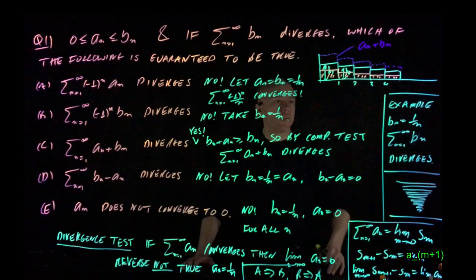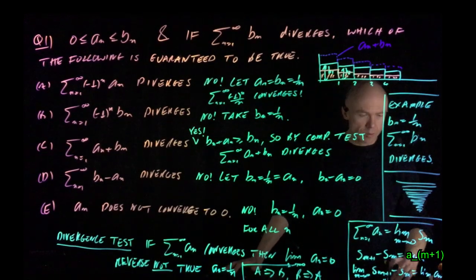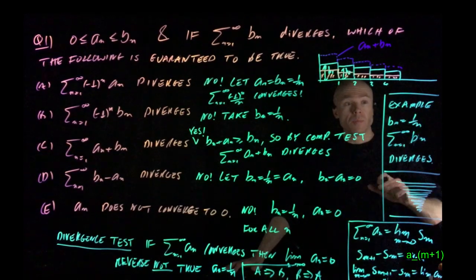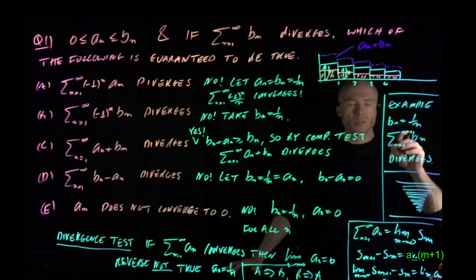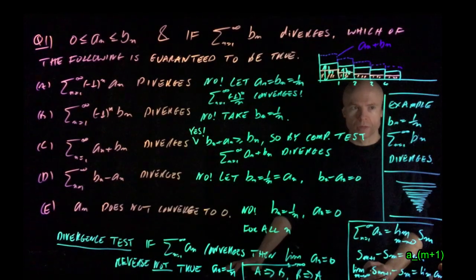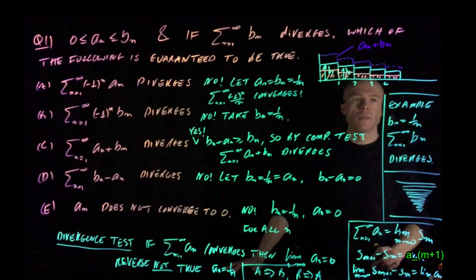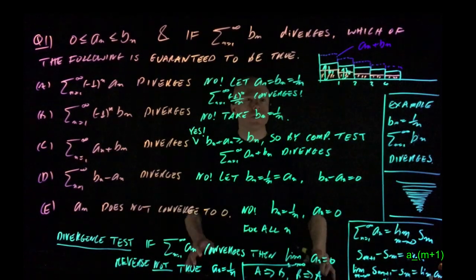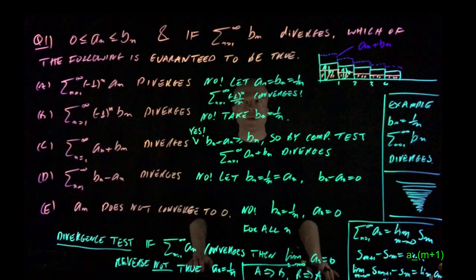So in this case, for a series of positive terms, an absolutely key example is this 1 over n. Be very, very happy with the fact that this thing is a series that does not converge, but nevertheless the terms go down to 0, and we can kill many of these statements.